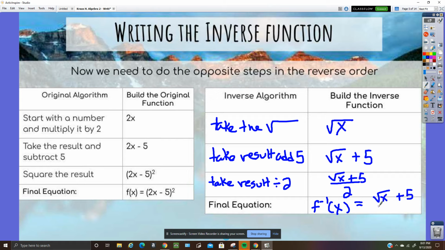The 5 is outside the radical. So make sure when you're writing a square root in a function or the inverse of it, you check whether some operation is under the radical or outside. In this case, it's outside. So the inverse function, square root of x plus 5, divided by 2.